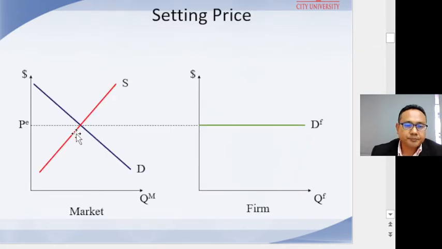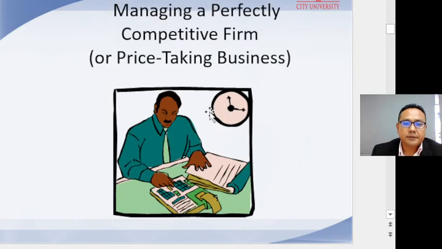If a firm offers a price above this price equilibrium, at the cross section here, then the firm will run at a loss. So this is the point we want to remember here.